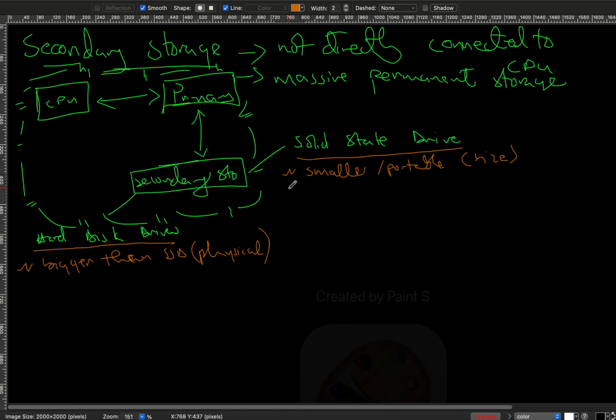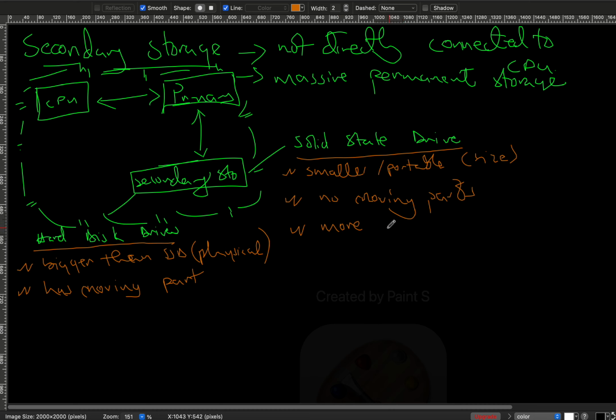You also see that SSDs do not have moving parts inside them at all. It's different with the hard disk drive. You saw that there's a disk inside and the actuator arm, so it has moving parts. That's another difference, and with that there are more things that can break compared to the SSD. So the SSD is more durable.